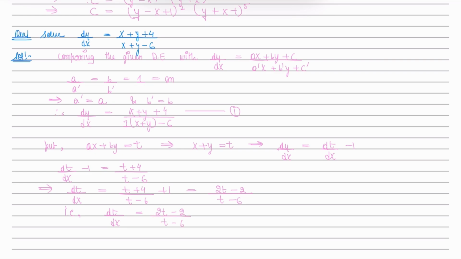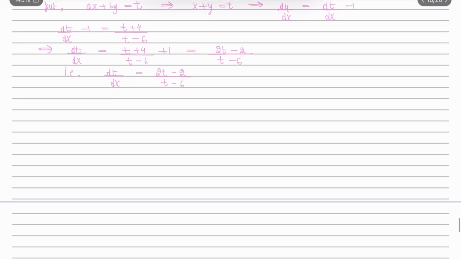This is clearly in the variable separable form, and we can write it as (t minus 6) divided by 2(t minus 1) dt equals dx.